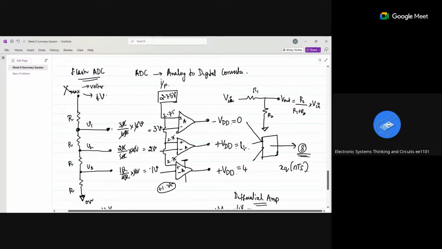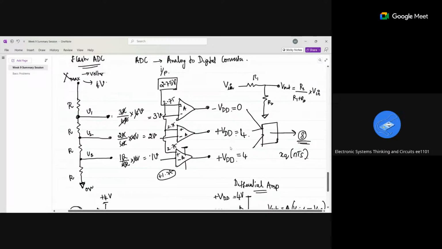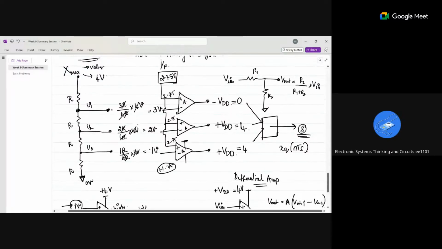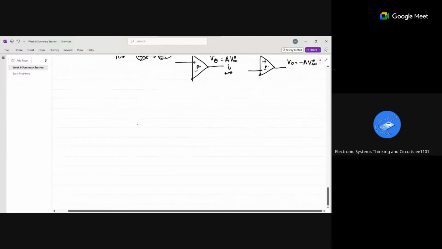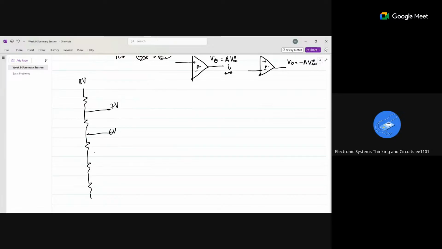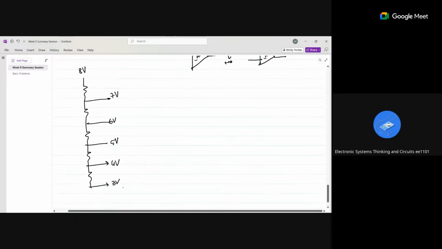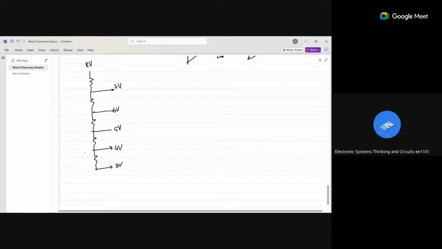Either I can map it directly, or whenever 4 comes, I will take it as 1 and then feed it to the addition circuit. In the same way, if you notice, here there are only 3 levels, right? Here I can also have 8 levels. Let it be 8 volt, 7 volt, 6 volt, 5 volt, 4 volt, 3 volt, 2 volt, 1 volt, and ground.